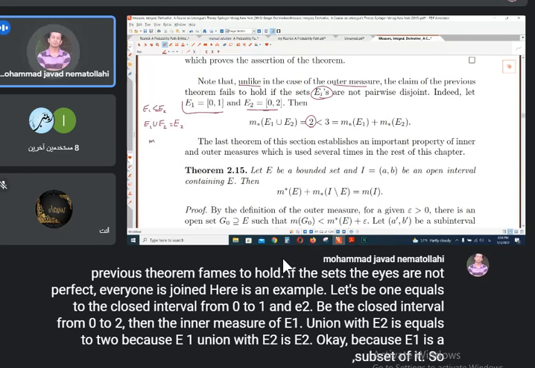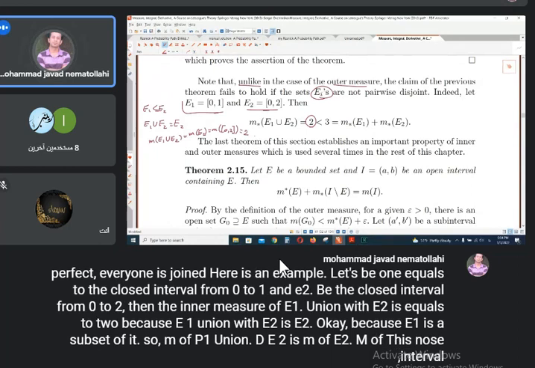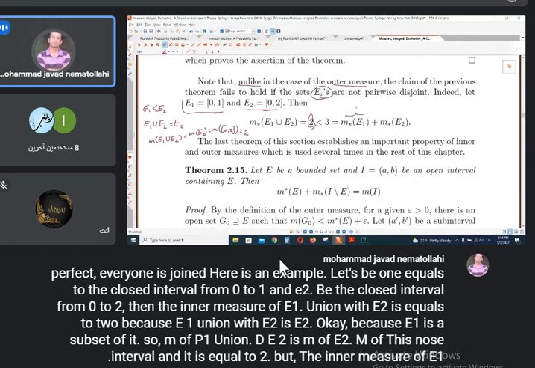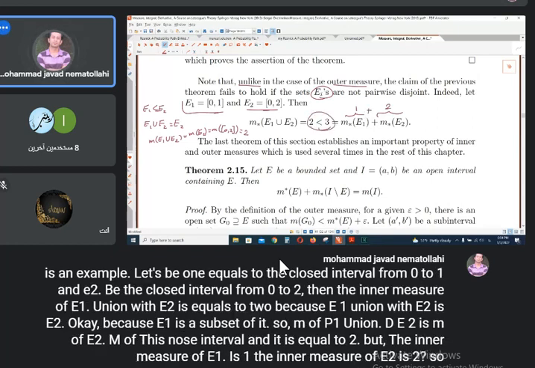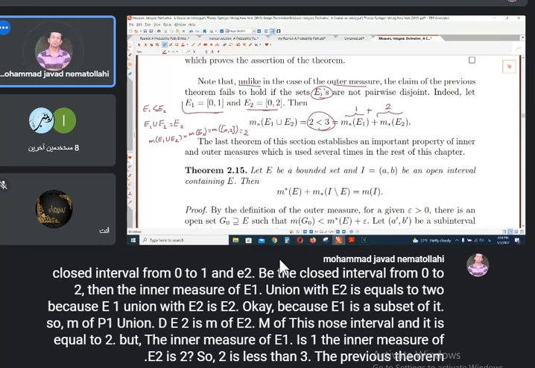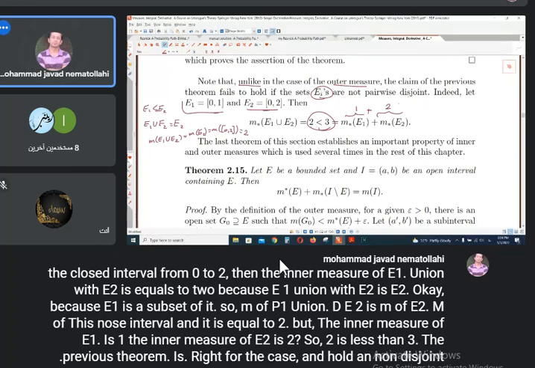But the inner measure of E1 is 1 and the inner measure of E2 is 2, so 2 would be greater than or equal to 3 if the previous theorem were right for non-disjoint sets.